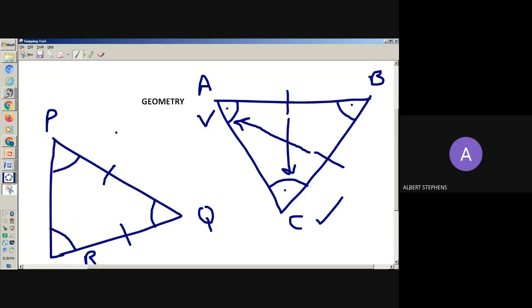All right, which two angles are equal? QR, PR. All right, good. So you go over there. So R is equal and P. So P and R are equal.